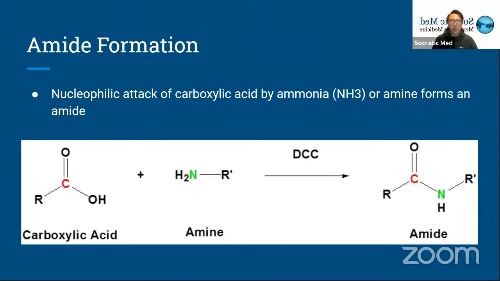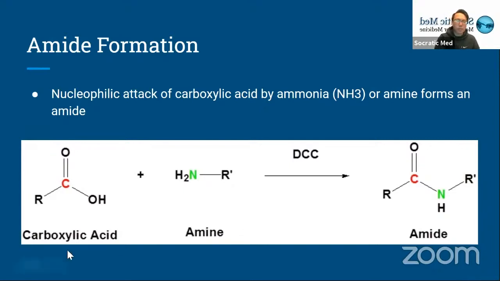And next, I'm going to go over how to form an amide. For amide formation, what happens is ammonia, NH3, or an amine attacks a carboxylic acid and forms an amide.